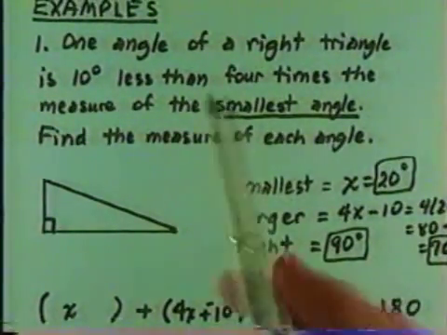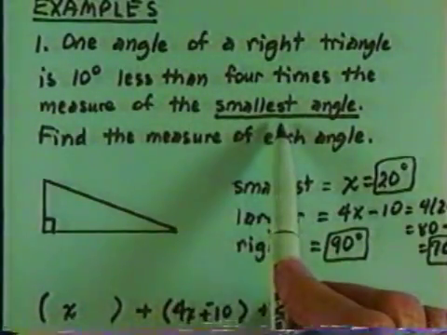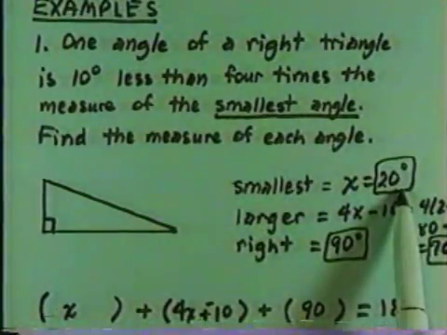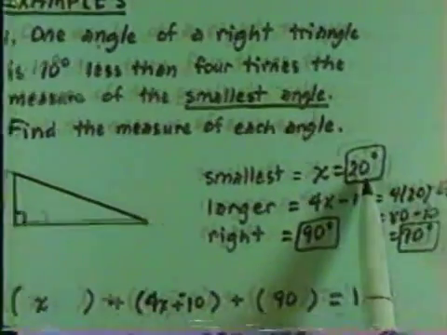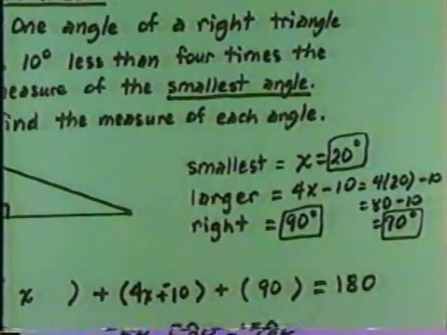We also must check to make sure that one of the angles is 10 degrees less than 4 times the smallest. Our smallest is 20 degrees. 10 degrees less than 4 times 20 degrees. Well, 4 times 20 degrees is 80 degrees. 10 less than 80 is 70 degrees. Yes, there it is. So these are the correct answers.